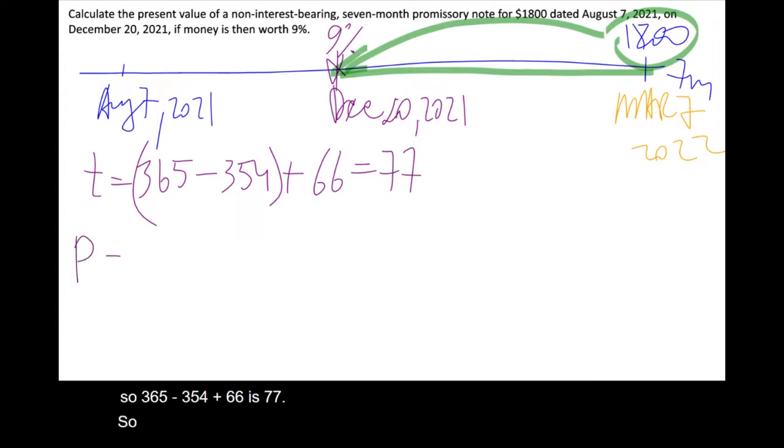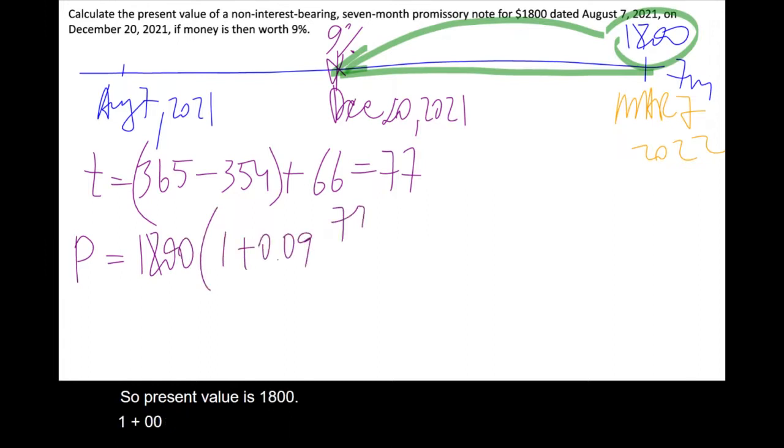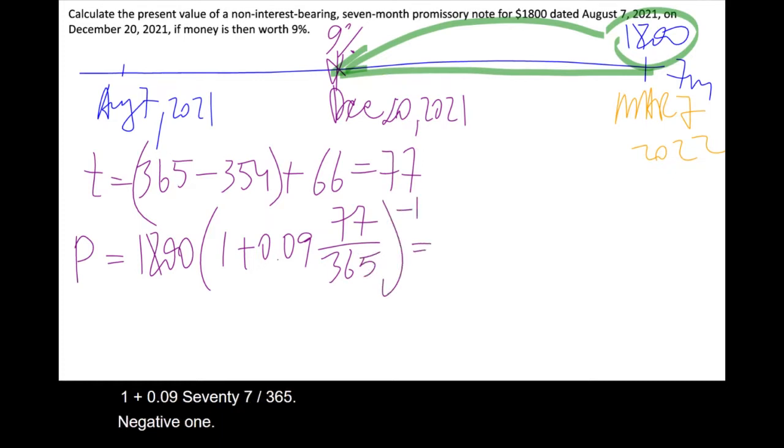So present value P is 1800 times 1 plus 0.09, 77 over 365, to the negative 1. So let's calculate. $1,766.46. That's it.